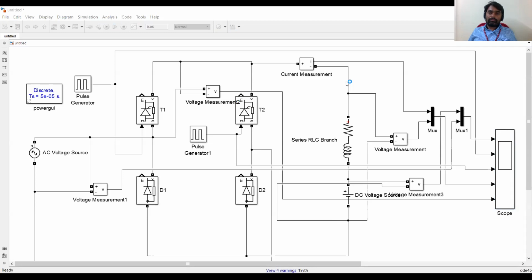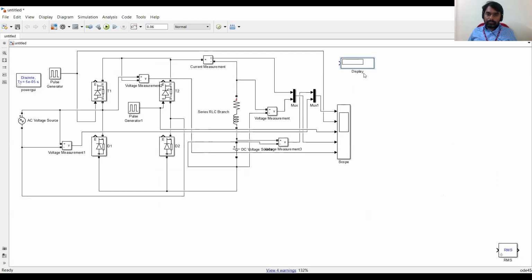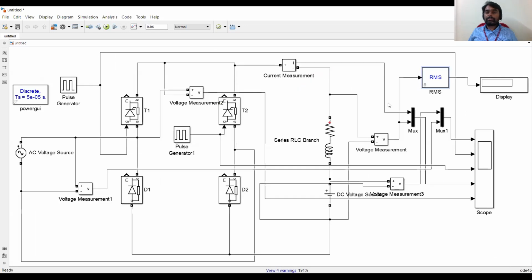Right, here I can find the display. Now we need to measure the RMS output voltage, so this should be connected to the output voltage measurement. Then it should connect to the display, which will display the value.